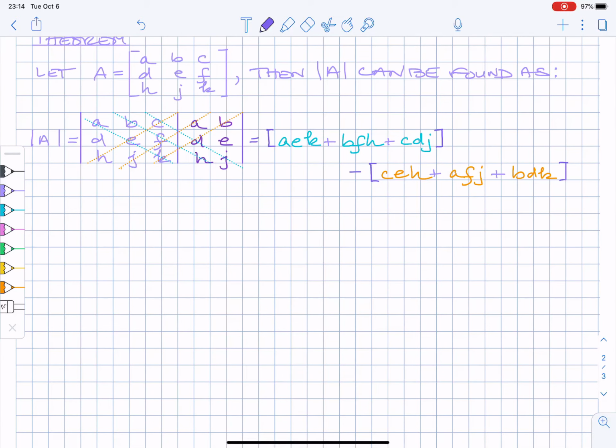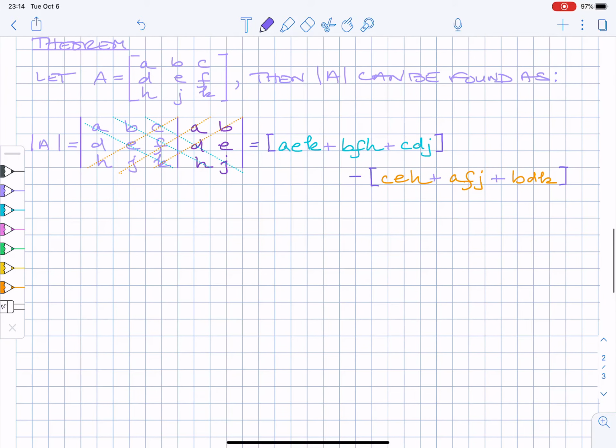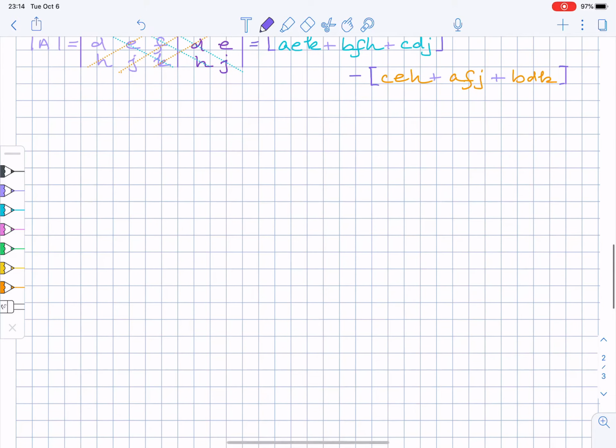Okay, so that's how we're going to find the determinant of a 3 by 3 matrix. The product of all the main diagonals summed together minus the product of all the alternate diagonals summed together. Okay, so let's go ahead and do examples.